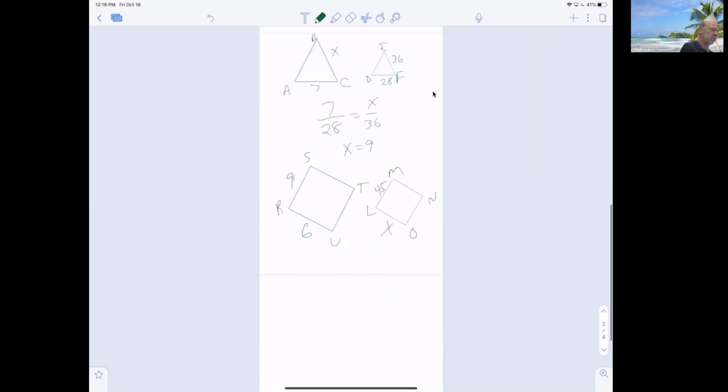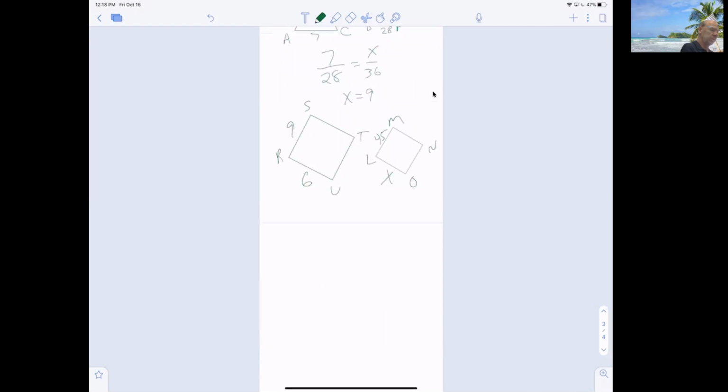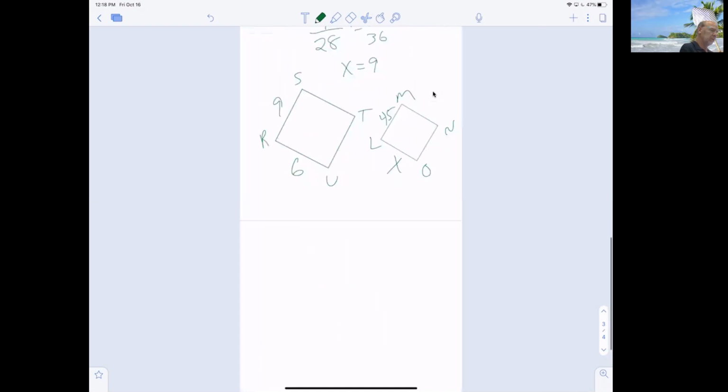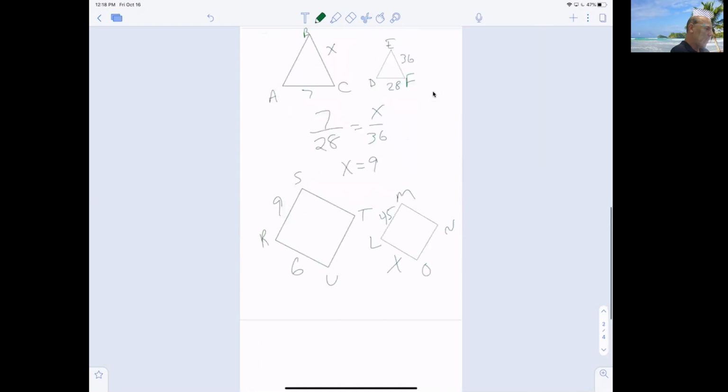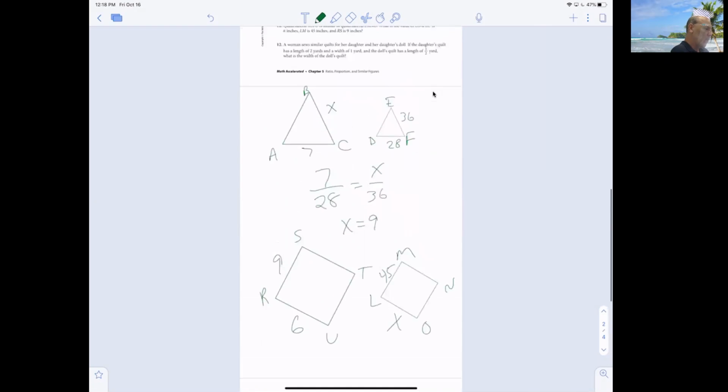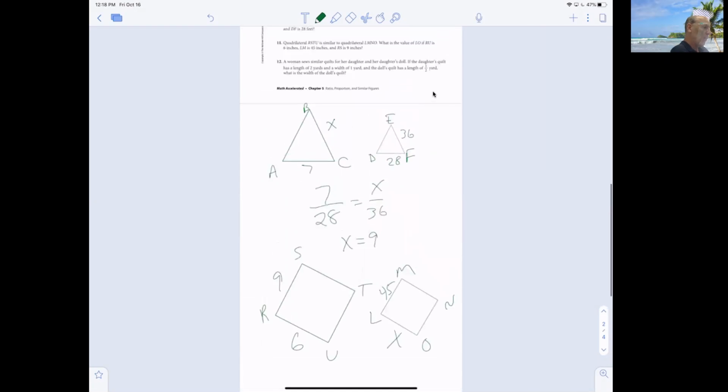So now set the proportion. Wait, 1 second. So would it be 6 over 45 and then X over 9? What? Wait, I'm not understanding. Am I doing it wrong? Did I set that up wrong? I could have set it up wrong. No, I think it's me. Well, I would bet on that too, but I don't know.